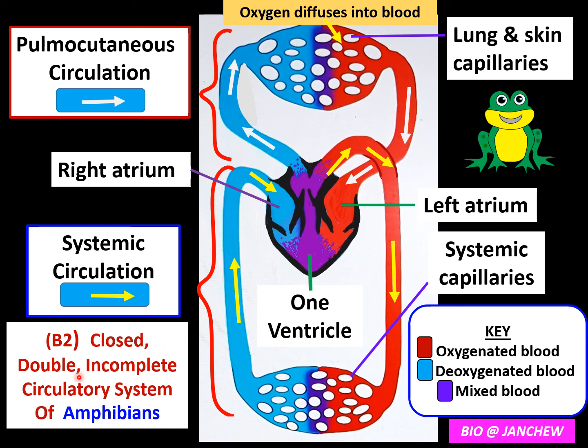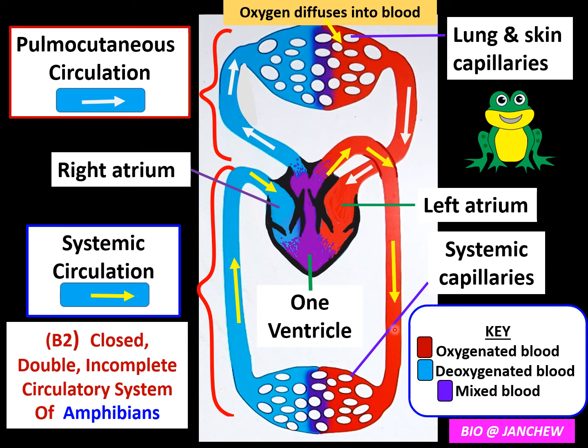Double circulatory system is better than the single circulatory system, because in the double circulatory system, blood flows twice through the heart in one complete circulation. That means that the blood that is oxygenated flows back to the heart after it has received oxygen. It doesn't go straight to the cells, for example, like in the fish, but the oxygenated blood will flow first back to the heart so that it can be pumped under high pressure to the body cells.